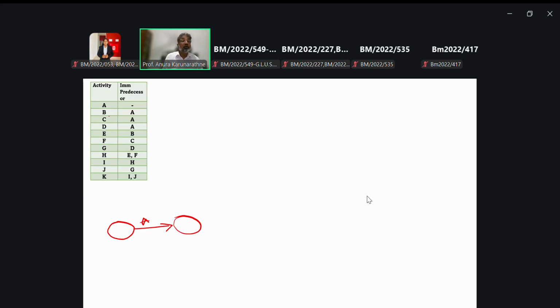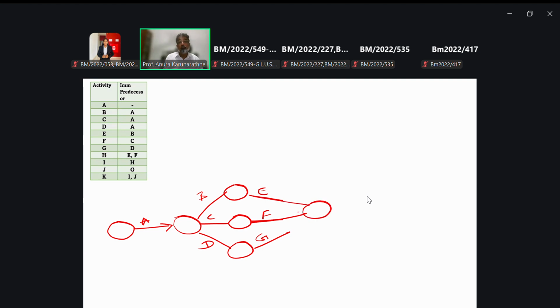Then after completing A, you can see B, C, and D. Then E after completing B. F after completing C. G after completing D. H after completing E and F. So we have to link E and F to H here.